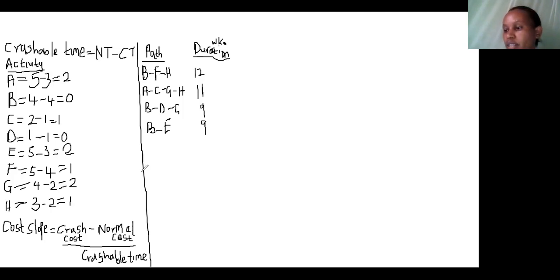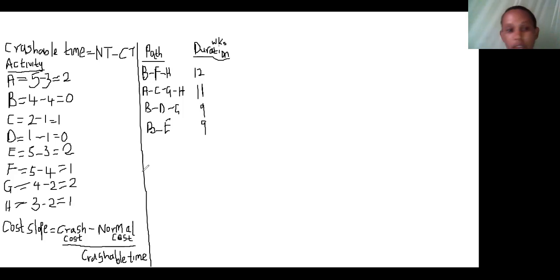We have activity F, activity H, and also activity B to guide us in our process of crushing the activities in the project. So we see from the data provided that activity F has an extra cost of shillings 700,000.